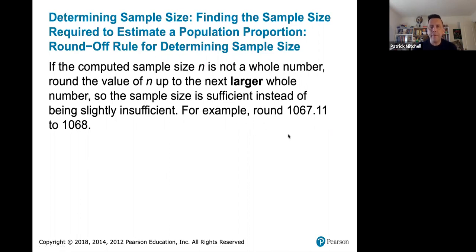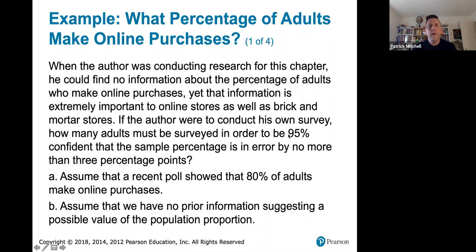Okay, so here's an example of finding minimum sample size. When the author of your textbook was conducting research for this chapter, he could find no information about the percentage of adults who make online purchases. Yet that information is extremely important to online stores as well as brick and mortar stores.